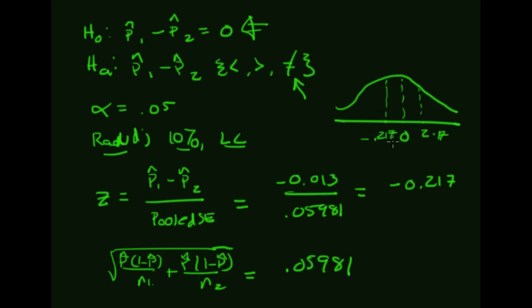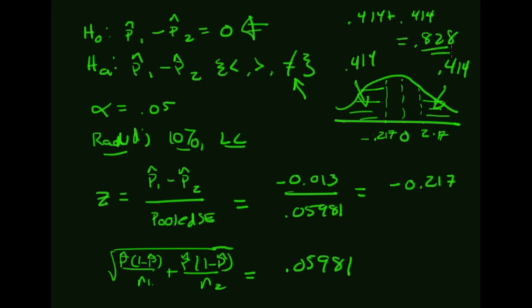And if you invert the norm on this, you're going to find that this is about 0.414, which means this is going to be about 0.414. So my p-value is the probability of being in either of those zones. So 0.414 plus 0.414 gives me 0.828, which is now my p-value.